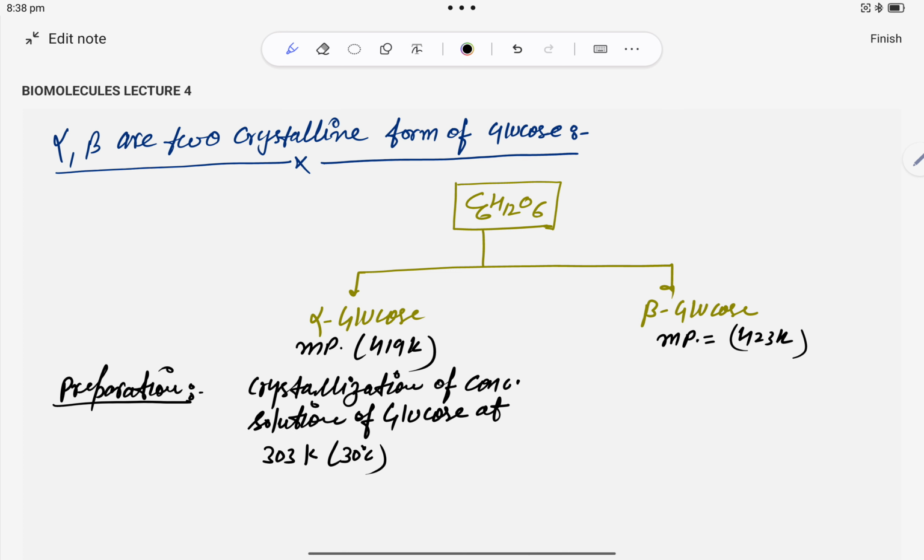Crystallization of a concentrated solution of glucose at 303 Kelvin or 30 degrees Celsius, we will get alpha glucose.